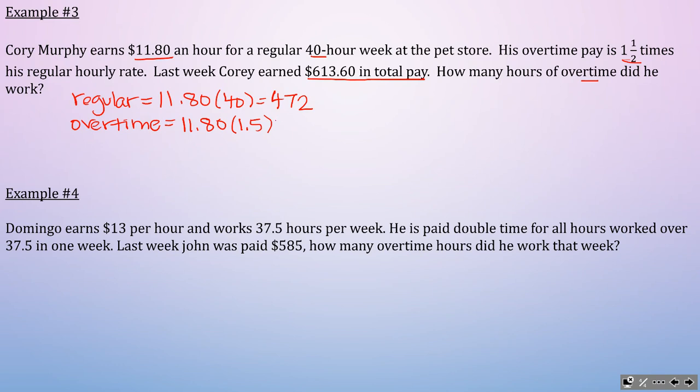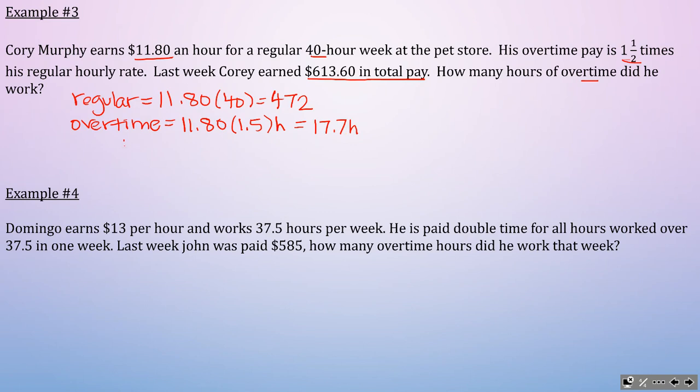We don't know how many overtime hours he worked, so I'm going to call it H. I can make this simpler and multiply the 11.80 and the 1.5. When I do that, I get 17.7. And I can just put an H after it, because when you multiply numbers and letters, they just go next to each other.